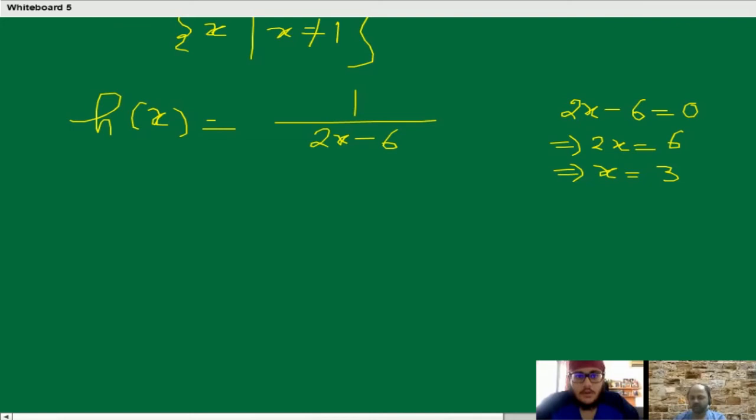So h of 3 would be undefined. So it means its domain is x such that x is not equal to 3. Yes, sir. Okay? It's clear?